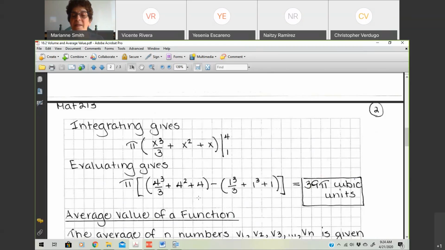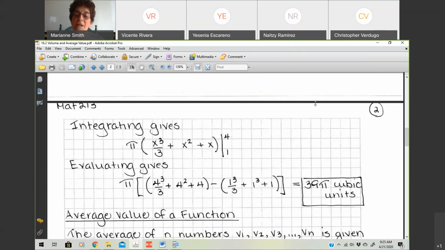The point I'm making is you can use the technology to give you an idea as to whether you're doing the problem correctly, but you're going to have to go through the calculus steps here and evaluate it to get an exact answer. Your calculator and these apps that I'm showing you online will not give you an exact answer. So hopefully that's clear to everybody. This is an exact answer.